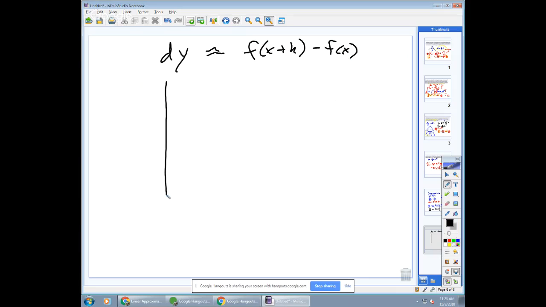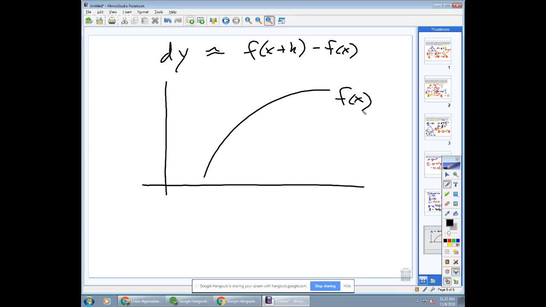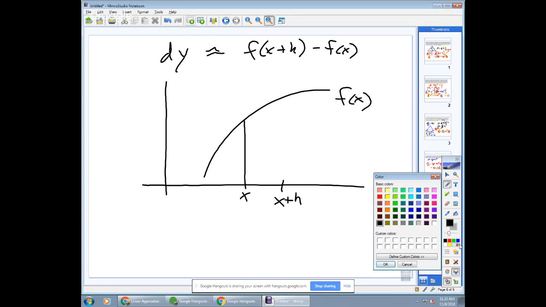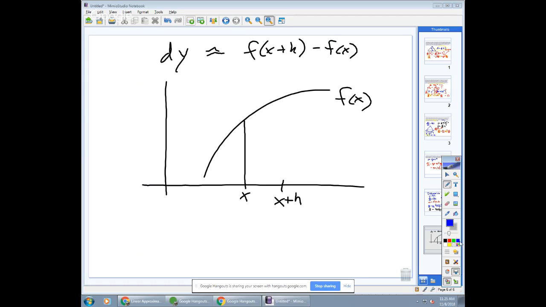What does that look like in a picture? Suppose that's f of x right there. And we're zoomed in. There's x. Over here would be x plus h. This distance in between there, that's our h, right? Change in x.